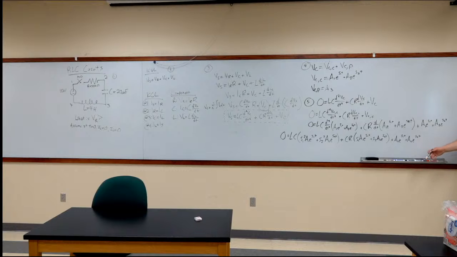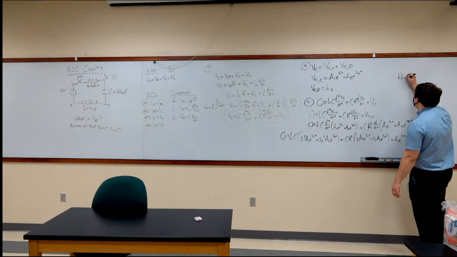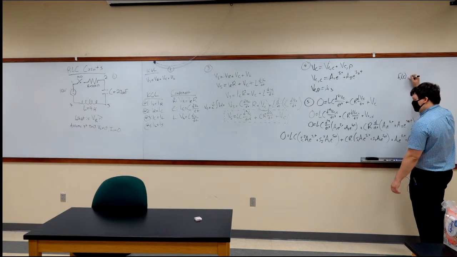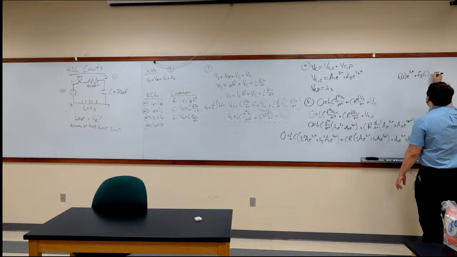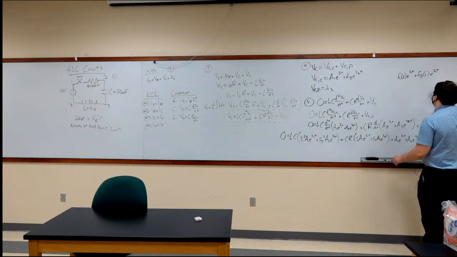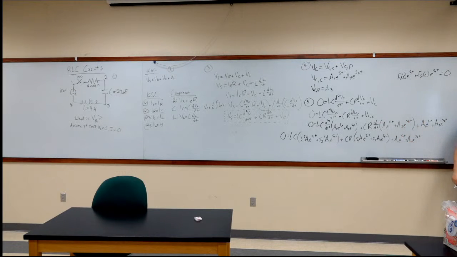Okay, I'm going to go ahead and say this. Can I add a function of some constants and multiply it by e to the s1t, plus some function of constants multiplied by e to the s2t, and have them equal 0? These are two different time functions.